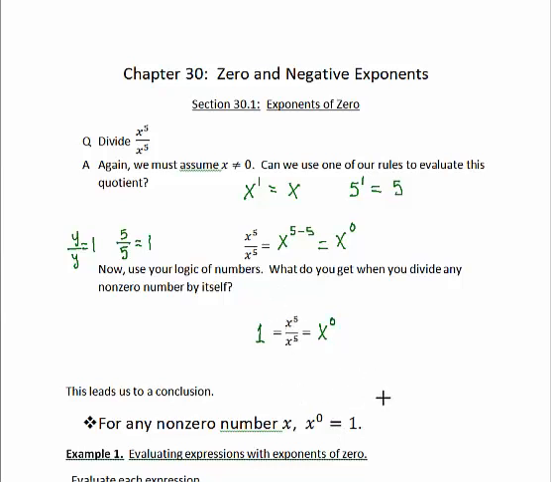For instance, what about 3 to the 4th power divided by 3 to the 4th power? The exponents and bases are the same, so we could reduce this to 3 to the 4 minus 4, which is 3 to the 0 power. But from the very beginning you should have noticed that we're dividing something by itself, and this should equal 1. It doesn't matter what number or variable the 0 power is applied to, we will always get 1 as a result.